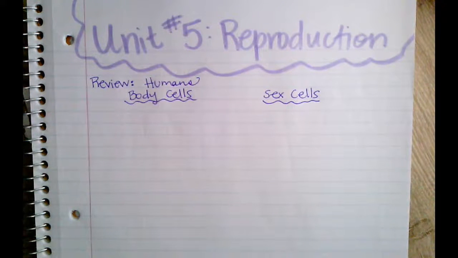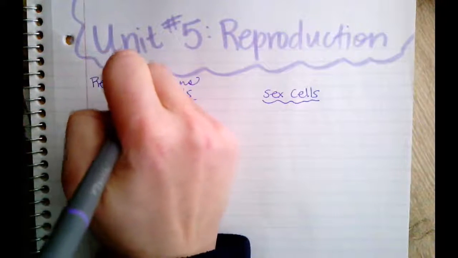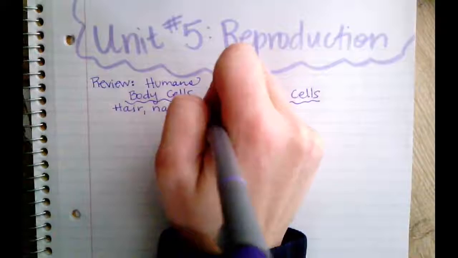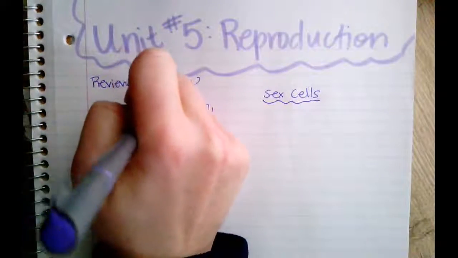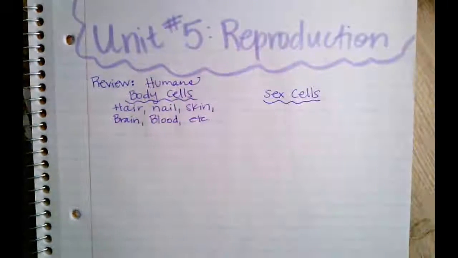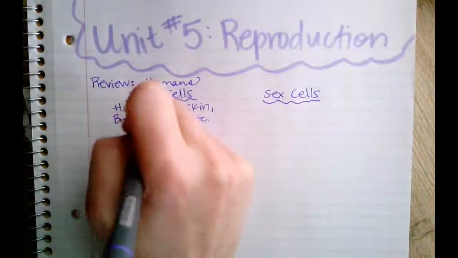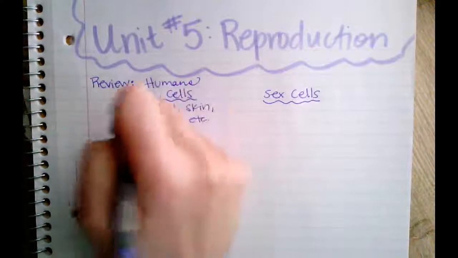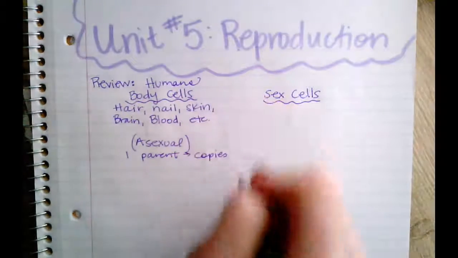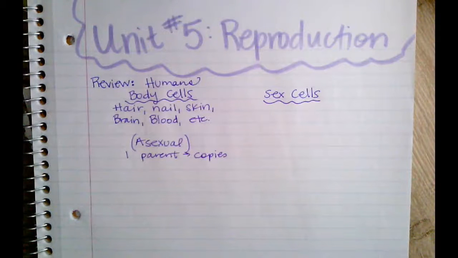So anyways, we talked about body cells that go through mitosis, things like hair cells, nail cells, skin cells, brain cells, blood cells, etc. So things that are what we would call asexual reproduction, which means that it's only one parent and it makes copies of the cells. So, for example, if you get a haircut and you cut your hair, it will grow back because those cells are just duplicating through that process of mitosis.